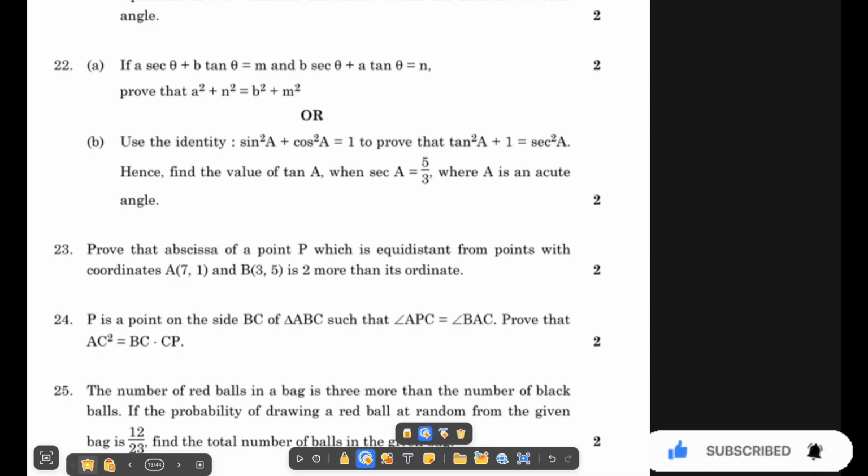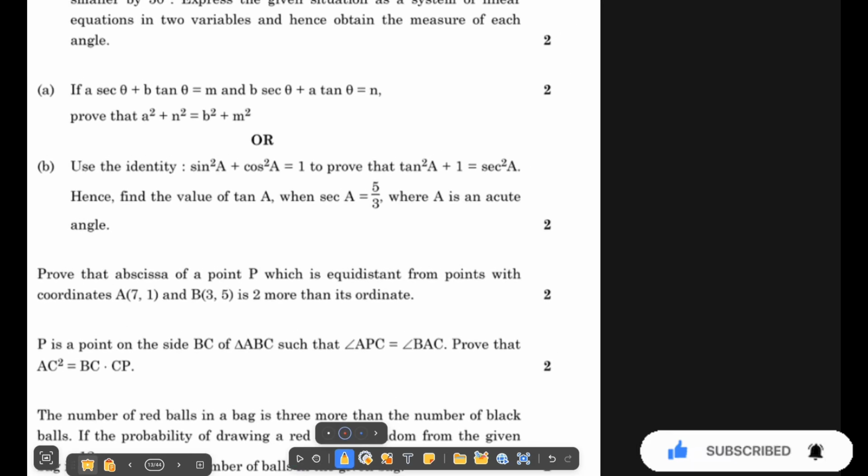So what is given here, let's write first. We have to use this sin square a plus cos square a is equal to 1. And also it is given that sec a is equal to 5 by 3. So what is required to prove?